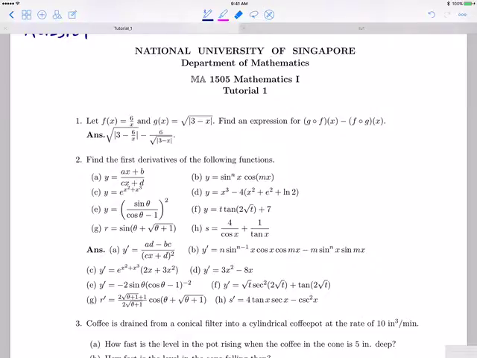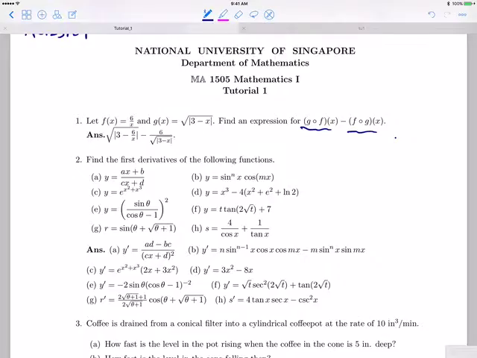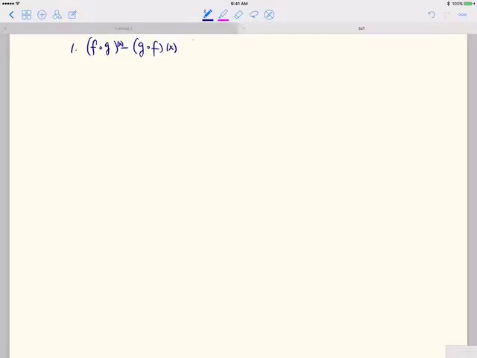So the first question is about the composition of two functions, g of f and f of g. First question, f of g of x minus g of f of x. So we need to calculate this one.